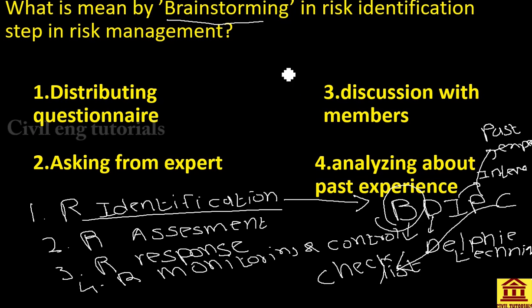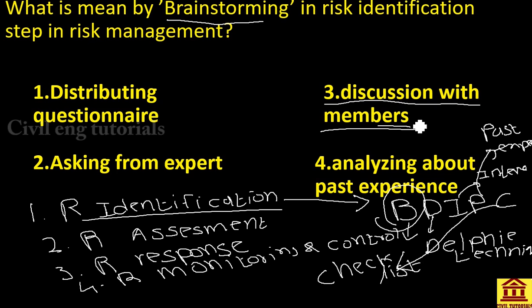In risk identification, B means brainstorming. Brainstorming simply means discussion with members. It implies that to identify risk while we are planning a project, we discuss with the members.